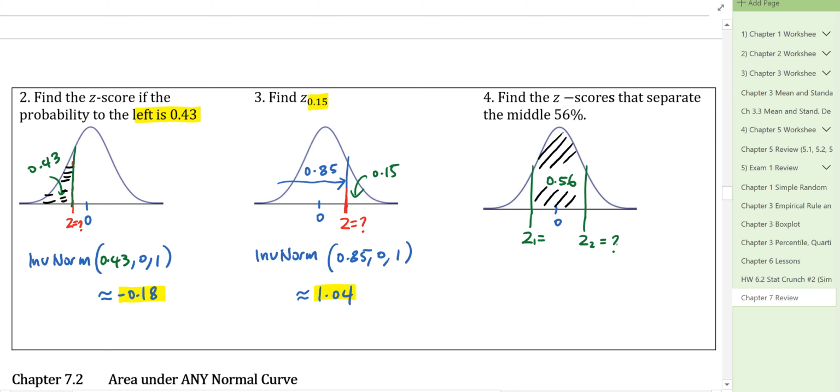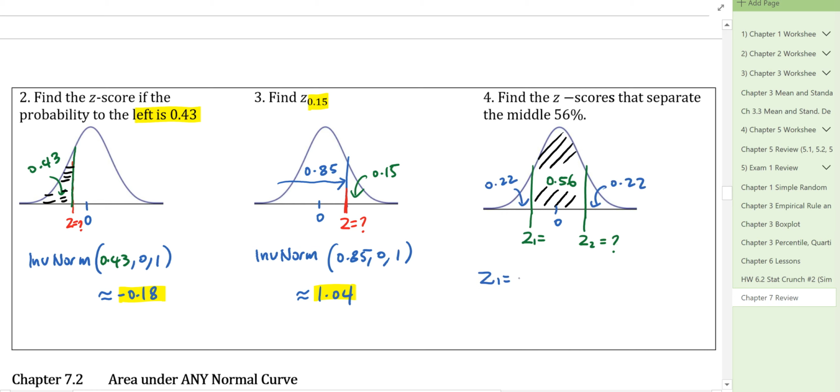We want to find the z-scores that separate the middle 56% from the rest. Now to find the middle, I need to find the two tails. So first, I need 1 minus 0.56 and then divide by 2, because the two tail areas should be symmetrical. 1 minus 0.56 gives me 0.44. Half of 0.44 is 0.22. So this is 0.22, and this is 0.22, symmetrical here.